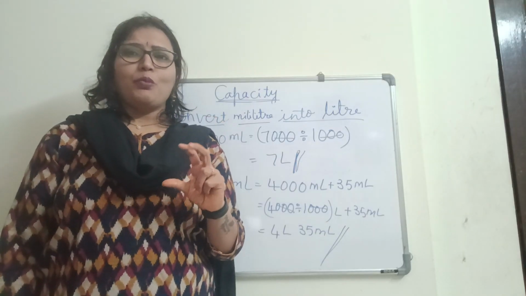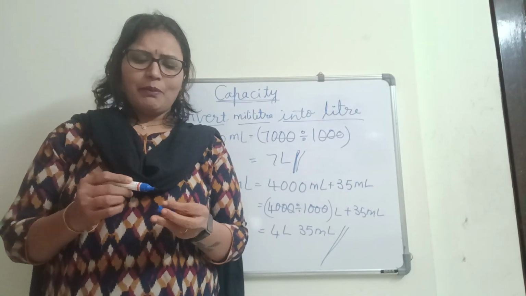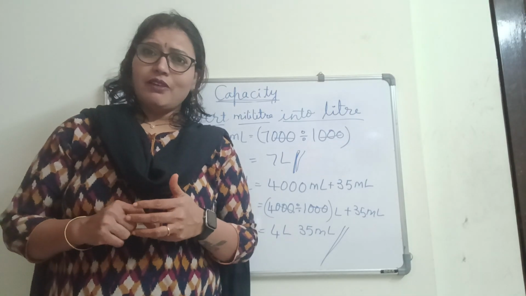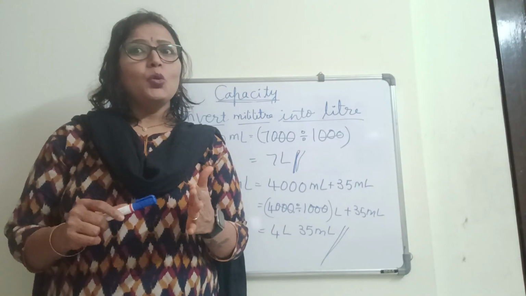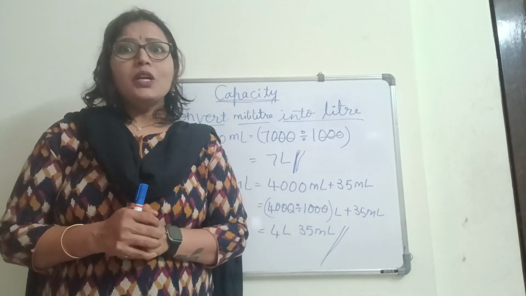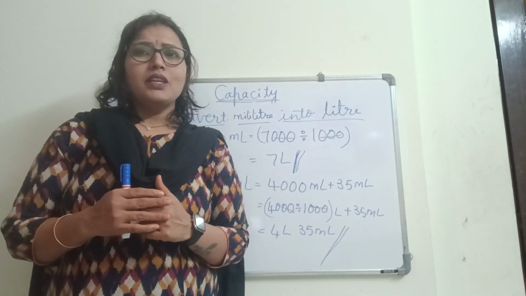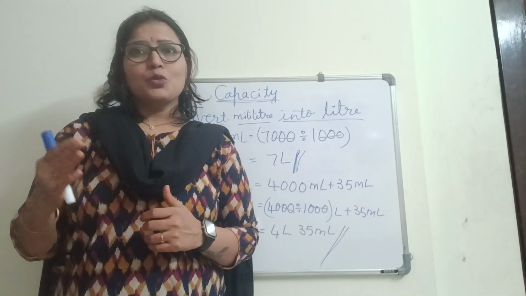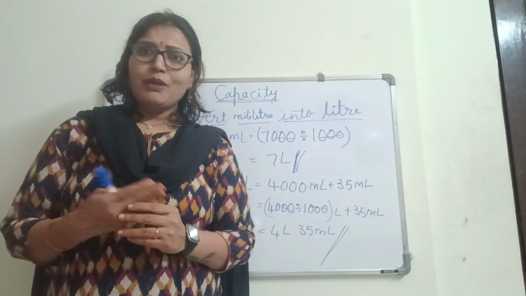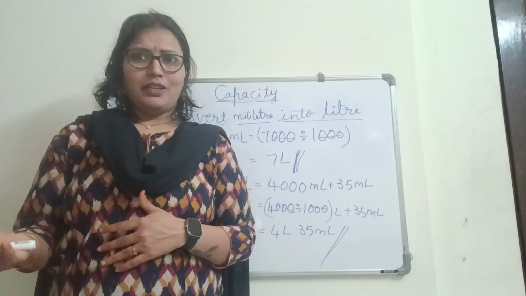Then we saw the units to measure capacity, liter and milliliter. The relation between them is 1 liter is equal to 1000 milliliter.